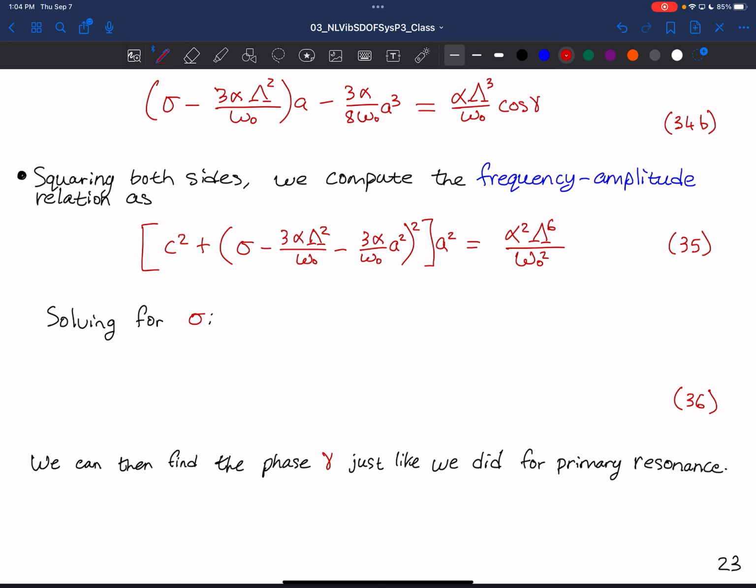From here, we're going to solve for sigma, which ends up being that sigma is equal to 3 times the quantity alpha lambda squared over omega 0 plus 3 alpha over 8 omega 0 times a squared plus or minus the quantity alpha squared times lambda to the 6th over omega 0 squared divided by a squared minus c squared, all of that to the 1/2 power, and that is our equation for sigma.